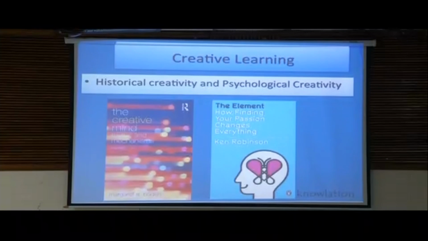One she mentions is historical creativity, and another she calls psychological creativity. So what is historical creativity? Historical creativity means you are trying to produce something no one did in the past. And psychological creativity means you are trying to do something that you did not do in the past.